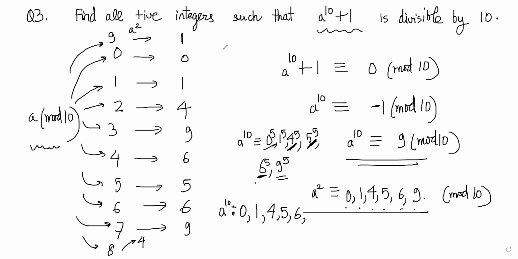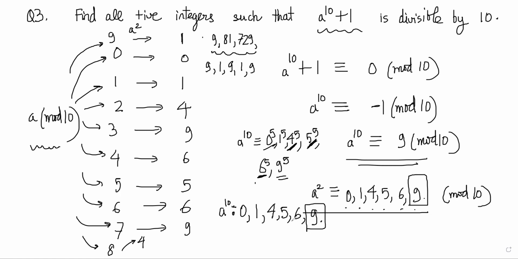So 9 powers will follow the pattern: 9, then 81, 729, then it will be multiplied by 9, it will end with 1. Right, so mod 10 powers of 9 will follow the pattern 9, 1, 9, 1, right? So 9 power 5 will be equal to 9 only mod 10.